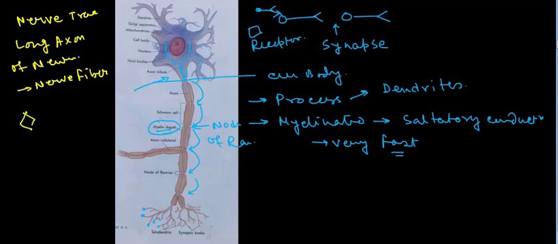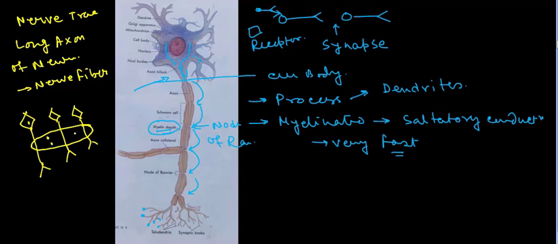So you can see this is the neuron, the cell body, and this is the axon. Each nerve is surrounded by epineurium along with blood vessels. So the long axon of the neuron is called the nerve fiber, and the bundles of the specific nerve fibers are called nerves.